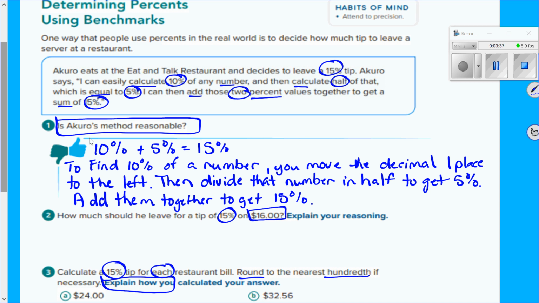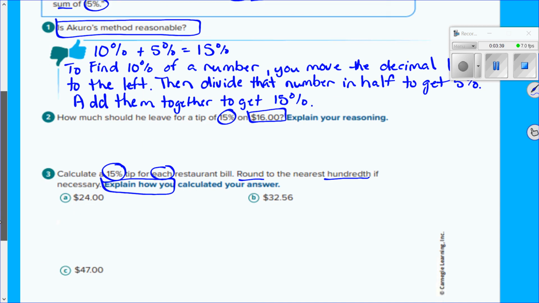Let's follow those directions. If I want to know what 15% of $16 is, I would take $16 and start with what is 10% of that? How do I find 10% of $16? Y'all just told me. How do I find 10%? Move the decimal 1 place to the left. So that gives me $1.60. Yes? And then I need another 5% to make my 15%.